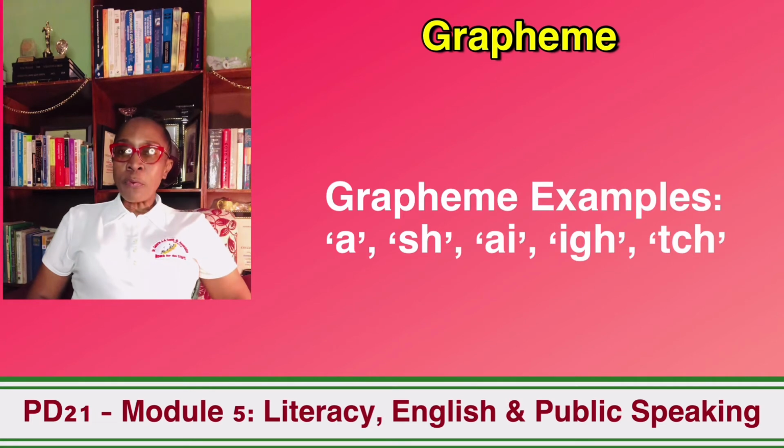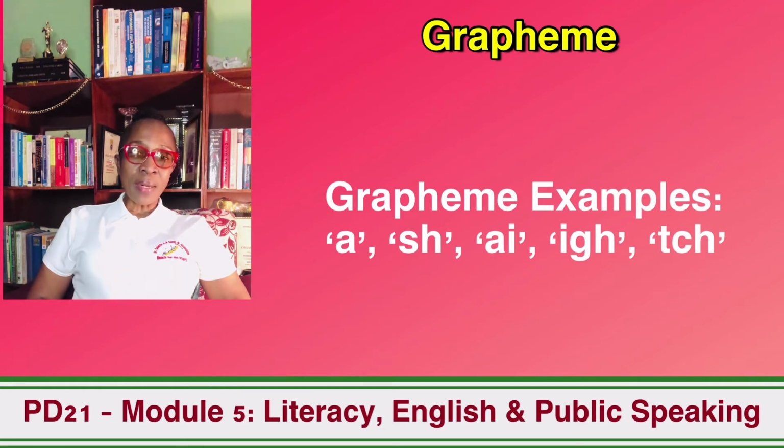So whereas a phoneme is a particular distinctive letter sound, a grapheme can be a single consonant, a vowel, a digraph, or a blend. We have just discussed consonant blends, consonant digraphs, and vowel digraphs. So, a grapheme can be a single letter or a sequence of letters.